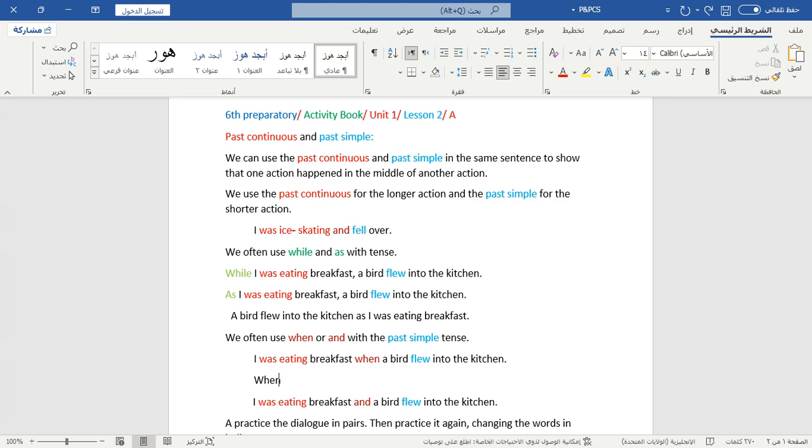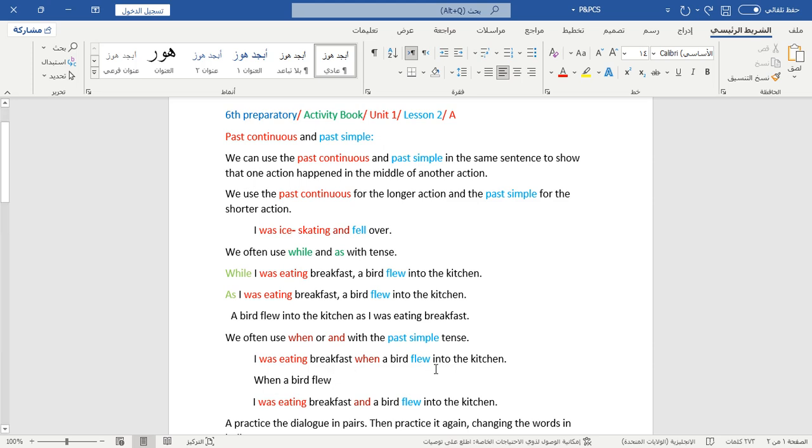When a bird, or a beautiful bird, flew into the kitchen.